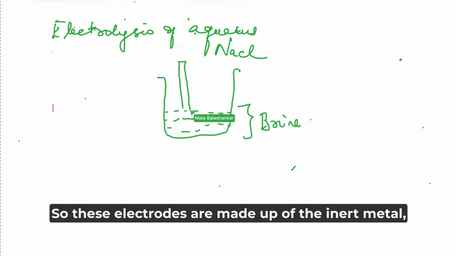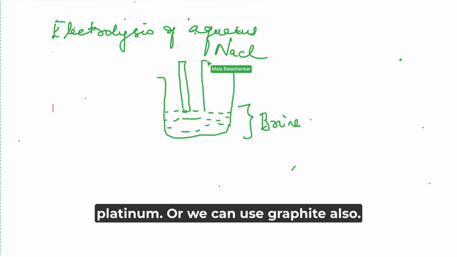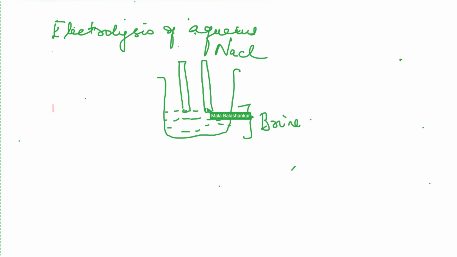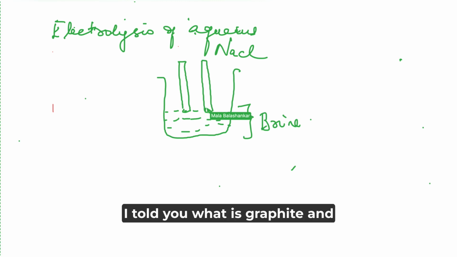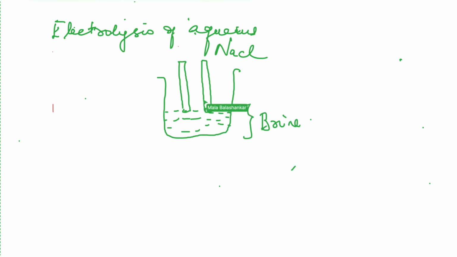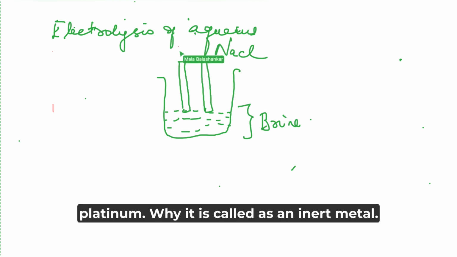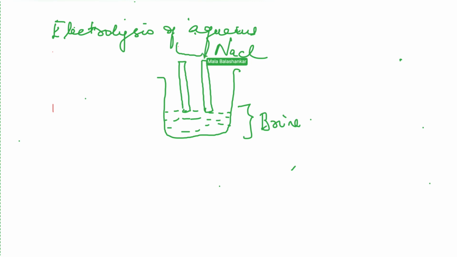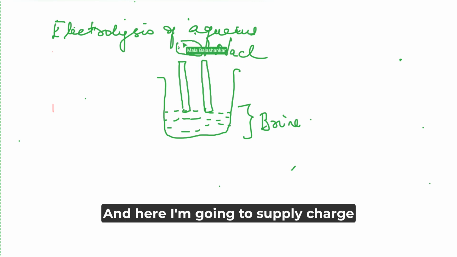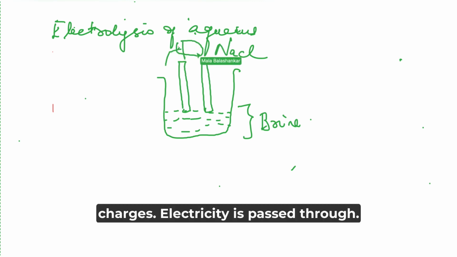These electrodes are made of the inert metal platinum, or we can use graphite also. I told you what graphite and platinum are, and why platinum is called an inert metal. And here I am going to supply charge, electricity is passed through.